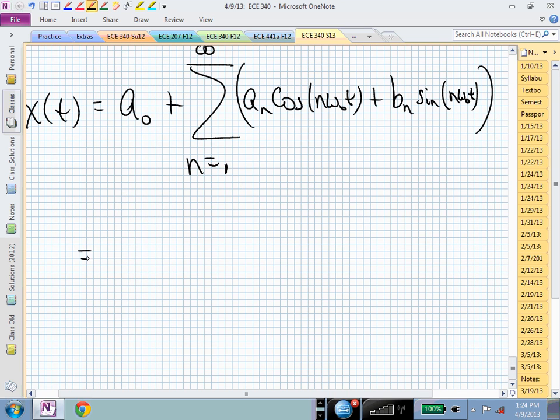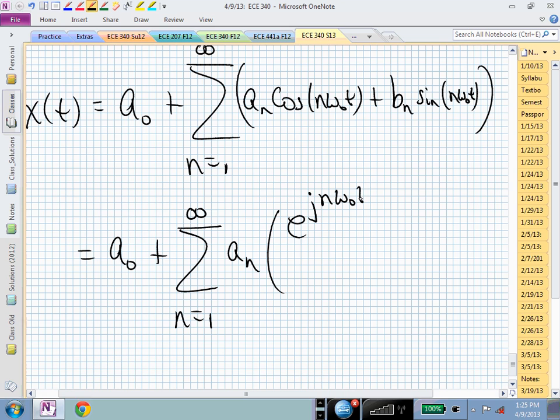But now we want to rewrite that as complex exponentials, and we just are going to use Euler's relationships. We are going to break this into two sums. Both sums are going to go from 1 to infinity. The first sum is associated with the cosine piece, and the cosine in terms of Euler is just e to the j n omega naught t plus e to the minus j n omega naught t all over 2.